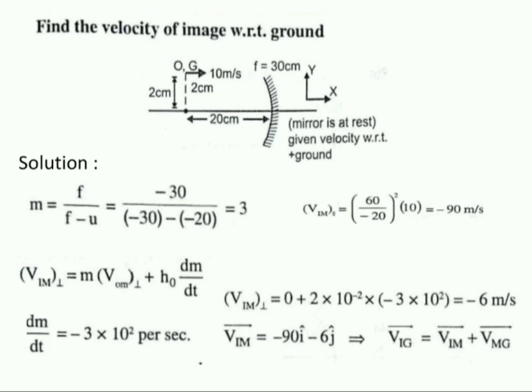Okay, now look at the third question. In this question, where is the object? It is at a height of 2 centimeter and moving horizontally. So in such a case, let us see how to get the speed. Now we will have to take two velocities, one parallel to the principal axis, another perpendicular to the principal axis.